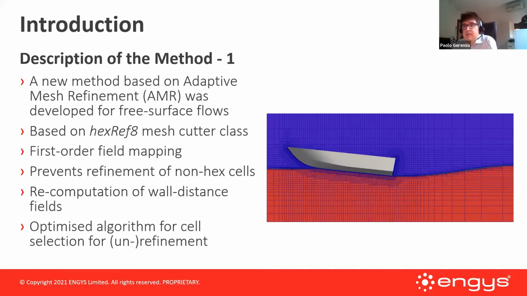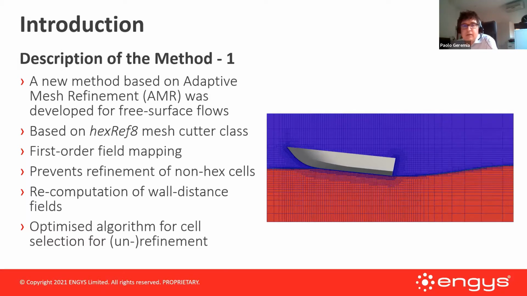So it basically splits a parent cell into 8 children. It provides a first order field mapping. So this means that all the children receive the parent cell value, and it prevents the refinement of non-hexahedra cells when it does the mesh mapping.